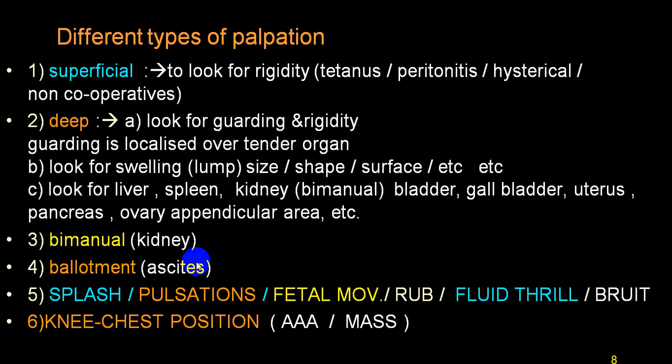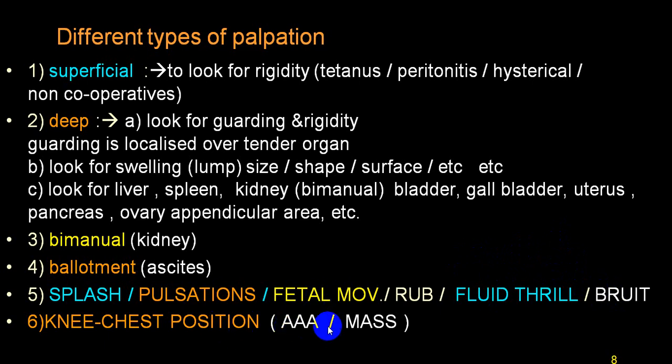I have already mentioned that kidney will be palpable only by bimanual palpation, and in case of ascites, it will be by ballottement method. We always palpate for splash, pulsation, fetal movement, rub may be palpable, fluid thrill may be palpable if there is an adequate quantity of free fluid in abdomen, and if a bruit is loud enough, bruit may also be palpable.